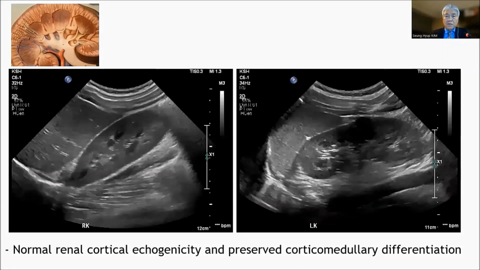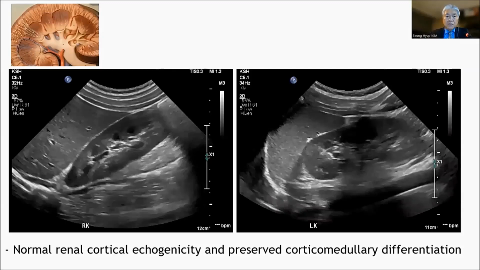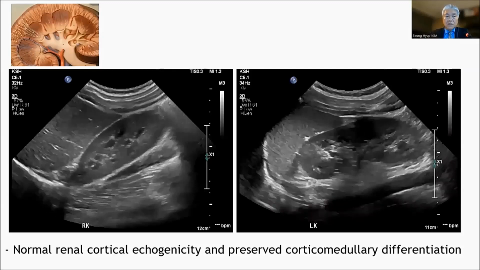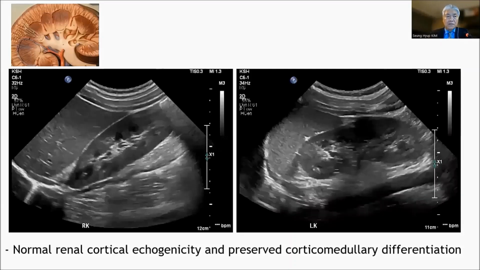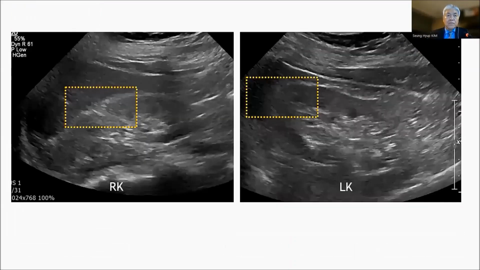Renal medullary echo is normally lower than renal cortical echo, and this difference is called cortical medullary differentiation. When the kidney is involved with certain renal parenchymal diseases, such as glomerulonephritis, renal cortical echogenicity is elevated, and cortical medullary differentiation may or may not be obliterated.